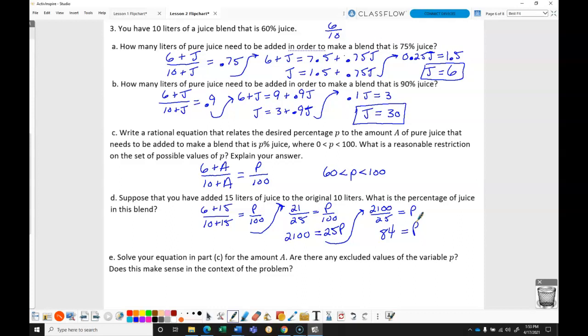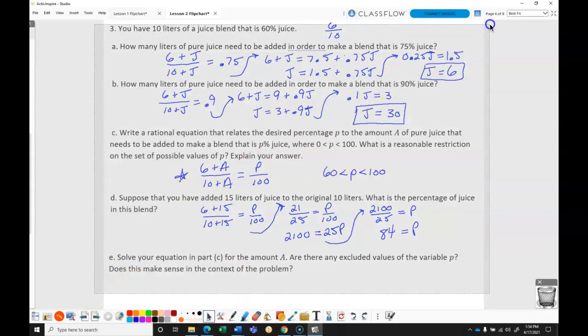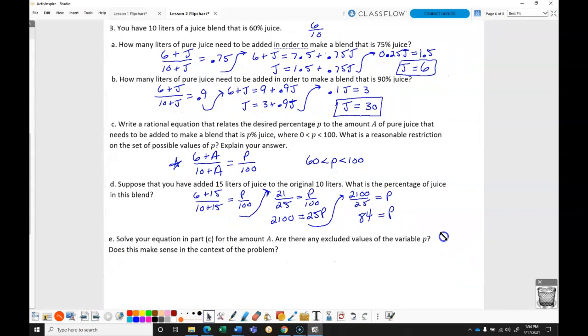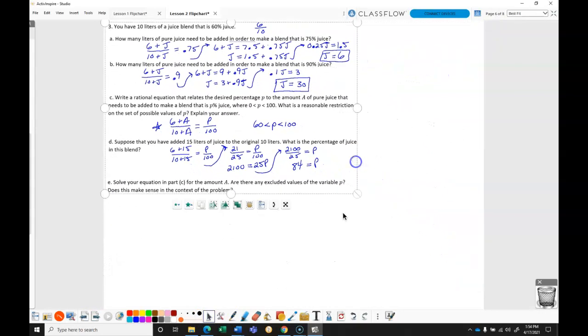So part C, it actually wants us to solve this equation up here and get A by itself. Okay, so I'm going to need a little more room. I'm going to go ahead and shrink this so I have space underneath. There we go. All right. So looking at that equation, 6 plus A over 10 plus A needs to equal P over 100.